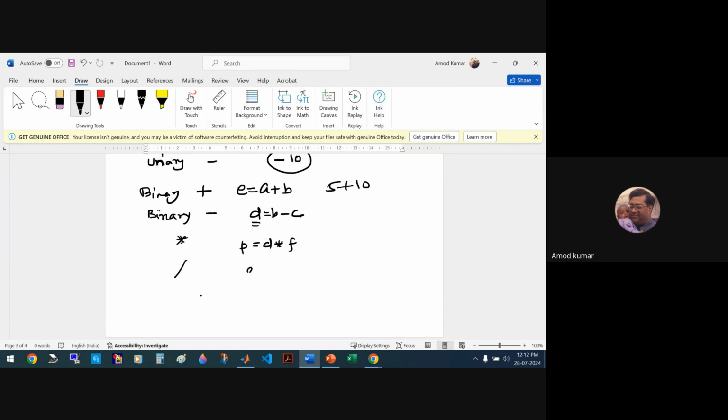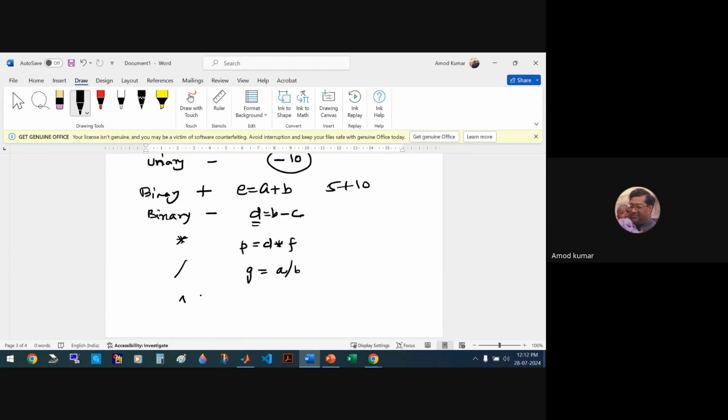Division means, let's say G equal to A upon B, just like I did 5 by 0. So that was an operation of division. If you want to assign it to something, assign it. If you don't want to assign it, the answer will automatically be stored in ans. So division operation.